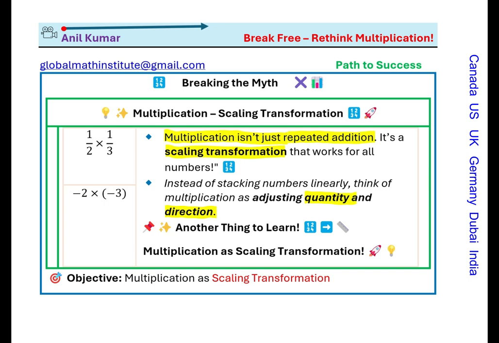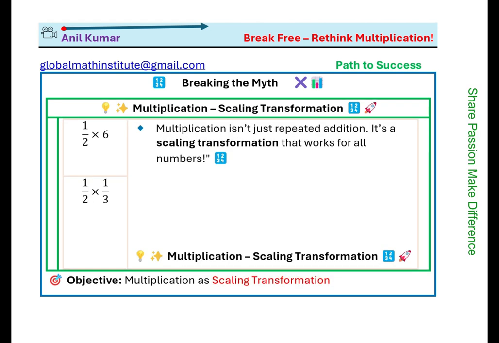So, keeping these two things in mind, we will go step by step in understanding how we multiply fractions and how we multiply the integers, the signed numbers. Perfect. So, let's look into the scaling transformation first. Okay, great. So, to understand the complete concept of scaling, our question was half times 1 by 3.